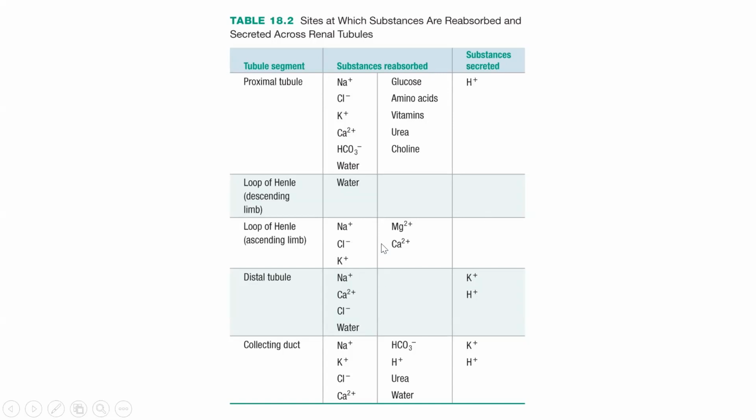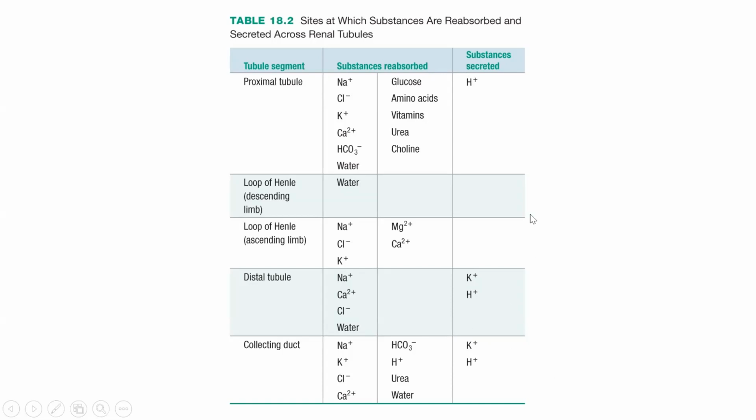And then the third trend is hydrogen ions. So hydrogen ions are usually secreted, and this is, again, very prevalent throughout different parts of the tubule. They're secreted in the proximal tubule, the distal tubule, and the collecting duct.